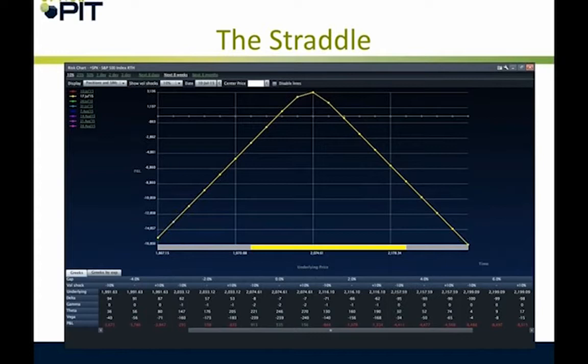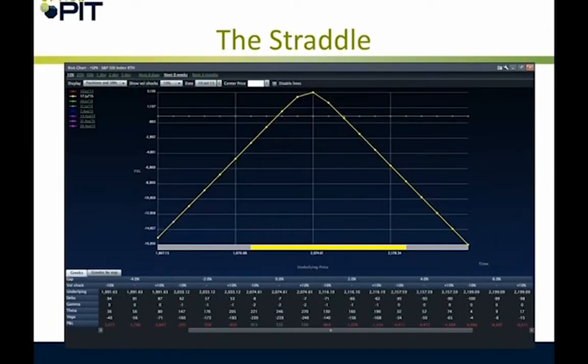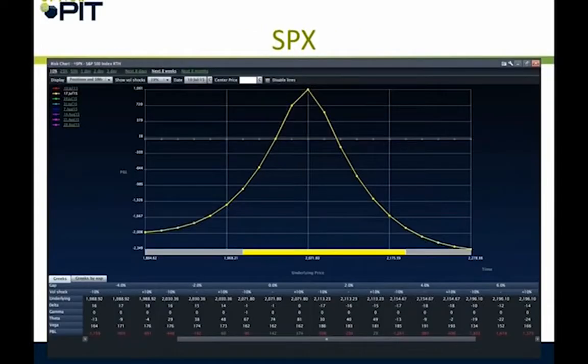It is a very popular institutional trade. It is a less popular retail trade. But if you look, it actually looks pretty similar. There's the straddle. There's the calendar.